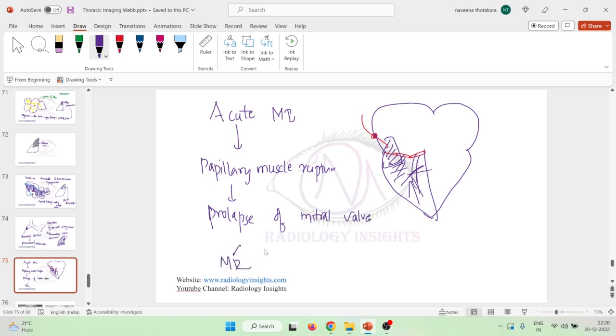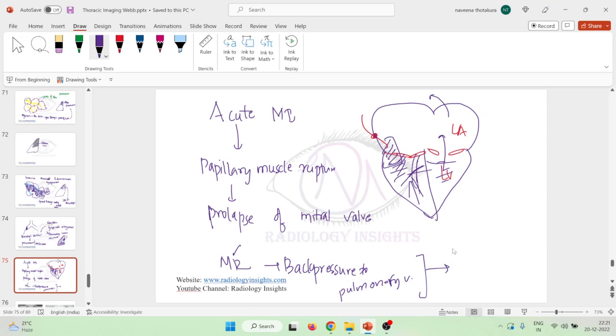Okay, this can occur. So whenever there is mitral regurgitation, the mitral valve is present between the left atrium and left ventricle. There is mitral valve prolapse leading to mitral regurgitation, where the blood from the left ventricle will regurgitate back into the left atrium, and slowly there is back pressure to the pulmonary veins.